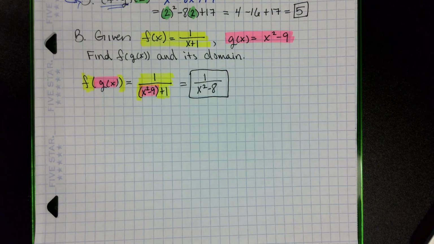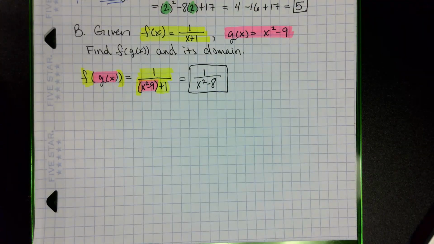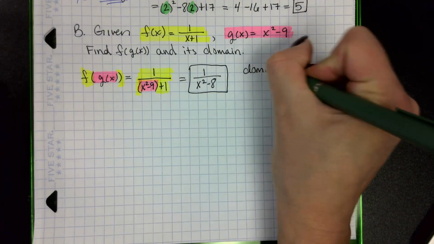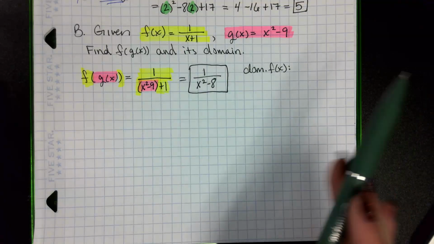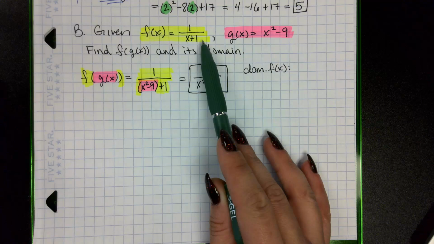And then I have to find its domain. So when finding the domain of a composition, it inherits the most restricted domain. So we have to look at all the domains, plus since we have a rational, we have a denominator, we also have to look at that. So the domain of f: we look at f of x. It's a rational function.